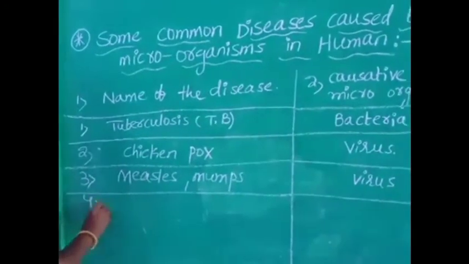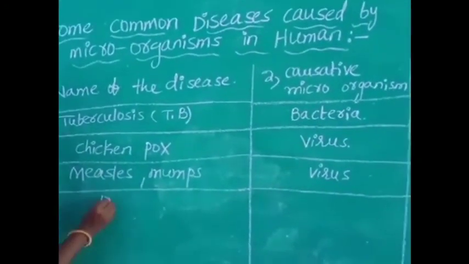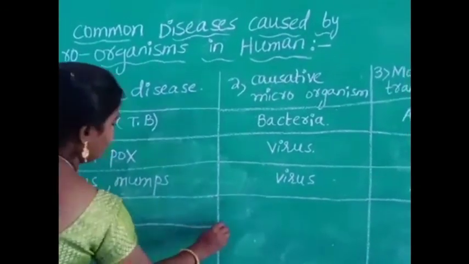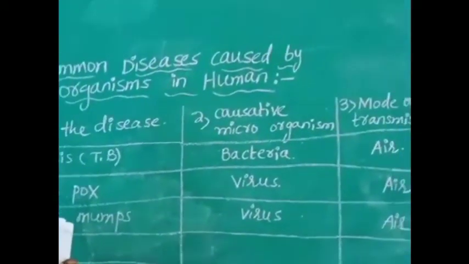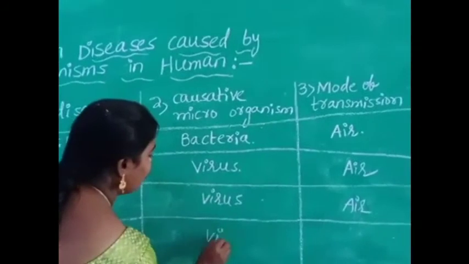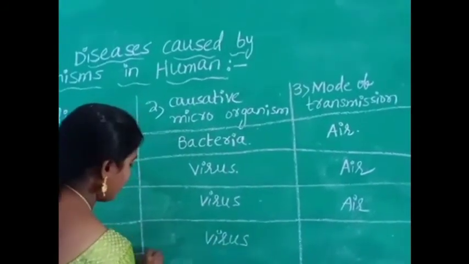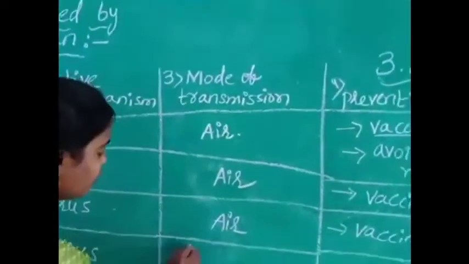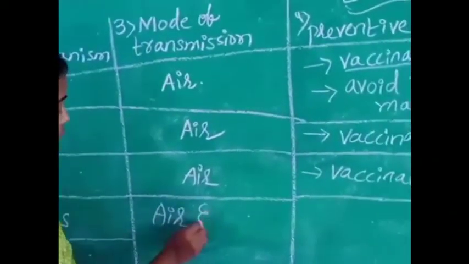Next, the fourth one, polio. Children, you already know about polio. Polio is a disease caused by a virus, and it is transmitted through air and water.